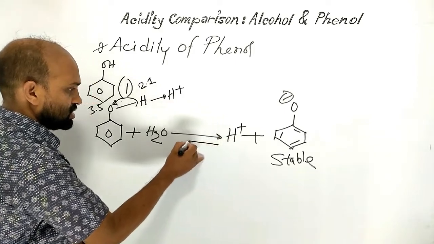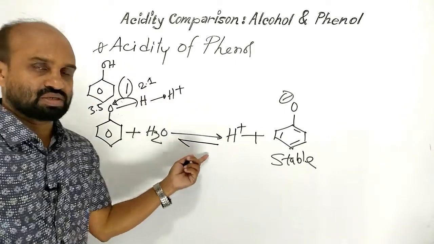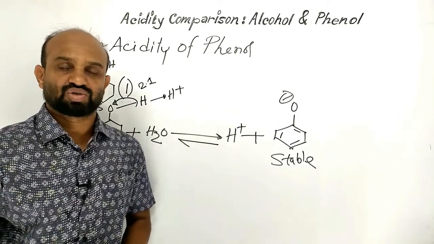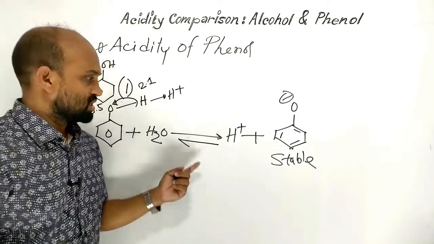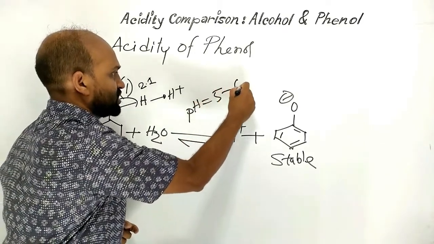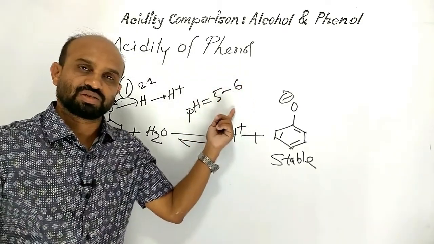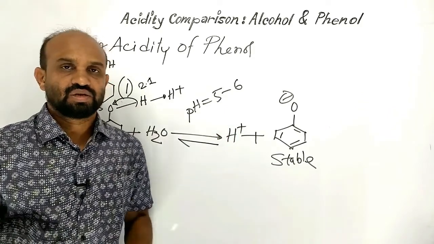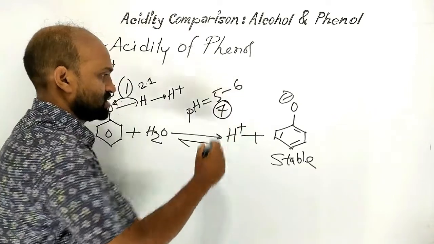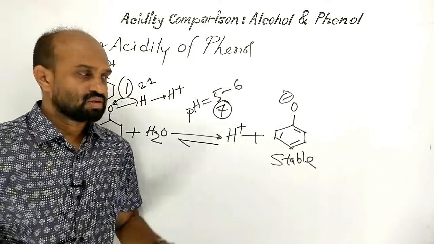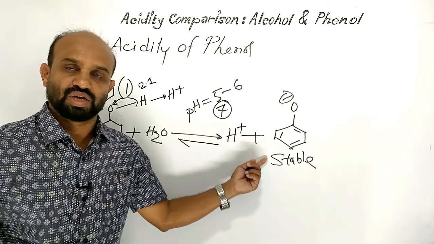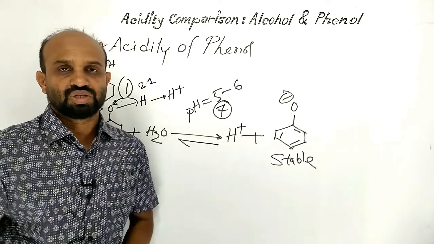Nevertheless, equilibrium is established because this is not a stronger acid. Its pH value is 5 to 7. This is slightly acidic, a bit lower than the neutral value 7. Nevertheless, let's try to know its stable nature through resonance structures.